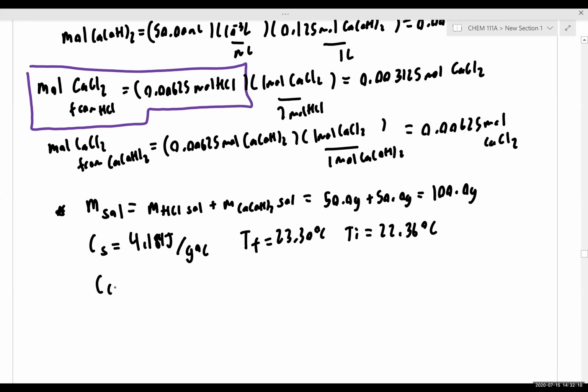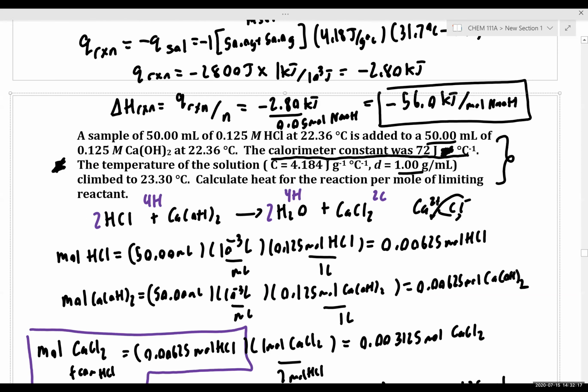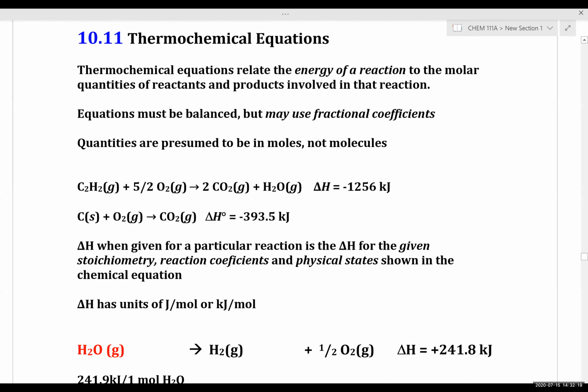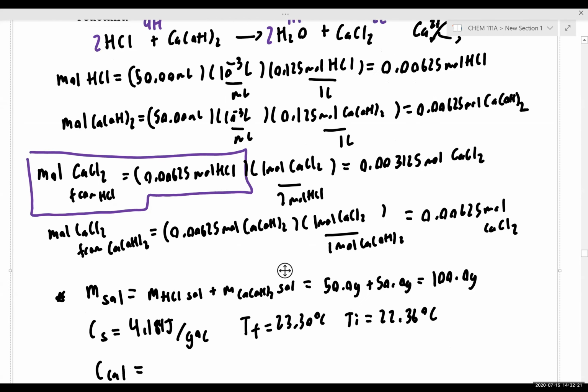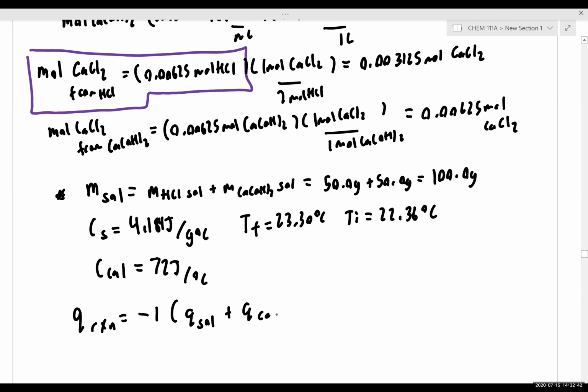Okay, we also know the heat capacity of our calorimeter, it's going to be pretty small, is going to be 72 joule per degree Celsius. We now have all the information we need to calculate the heat of reaction, which is equal to -1 times Q solution plus Q calorimeter.